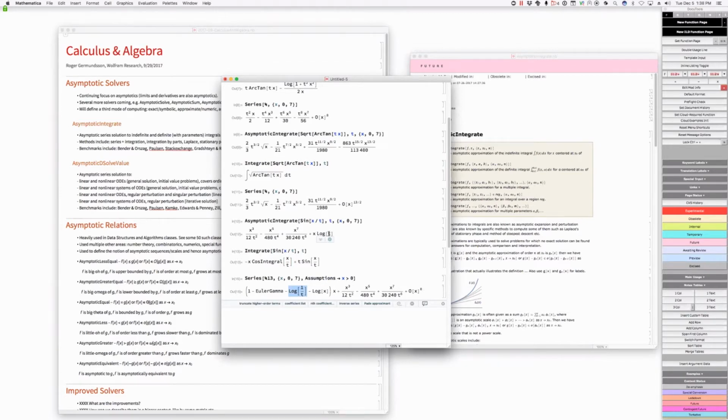Okay, so walk me through again. Why is asymptotic integrate not the same as series of integrate? In the indefinite case, there can be a couple of reasons. One is a constant. An indefinite integral is only defined up to a constant. Okay, that's one potential.